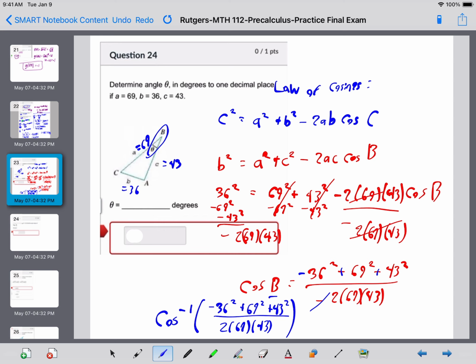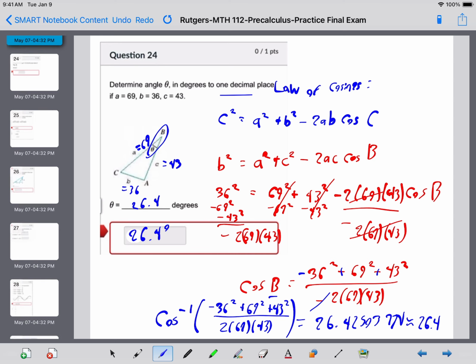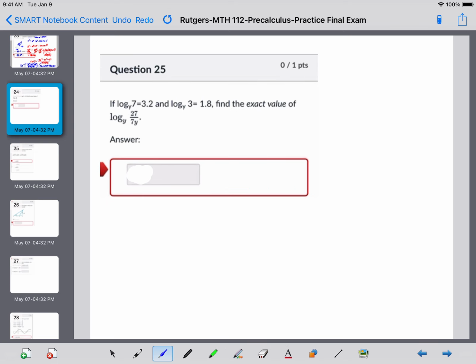Alright, and I get my answer is 26.42503974, to 1 decimal place approximately 26.4 degrees. Alright, that's question 24.